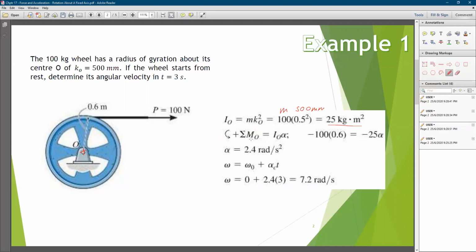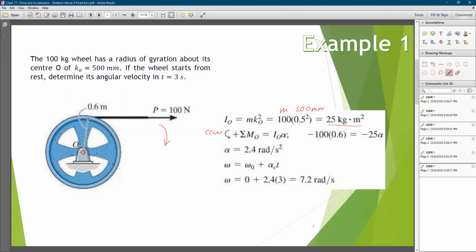To do so, we can assume that a rotation in the counterclockwise direction is positive. Here we have a force acting in this direction, which causes the wheel to move clockwise. Therefore we have a negative sign here.